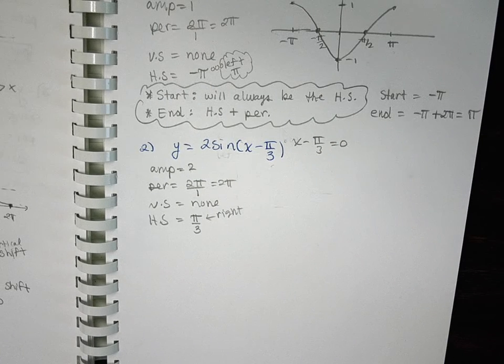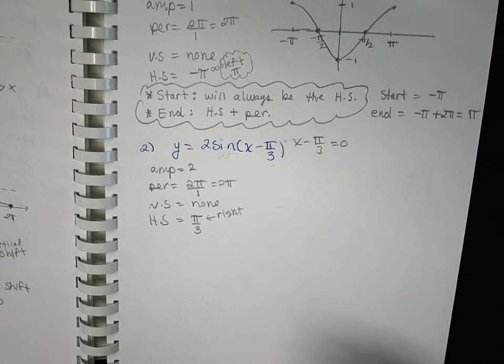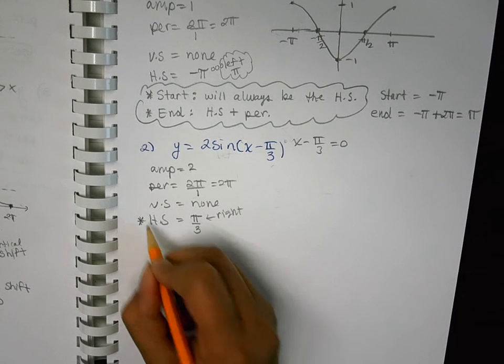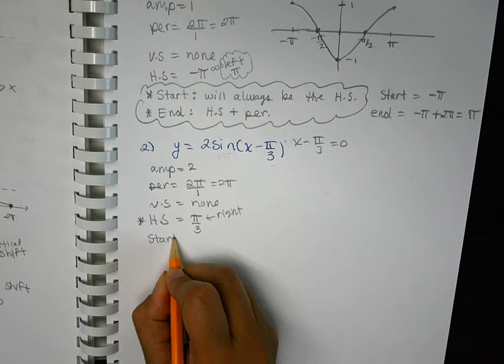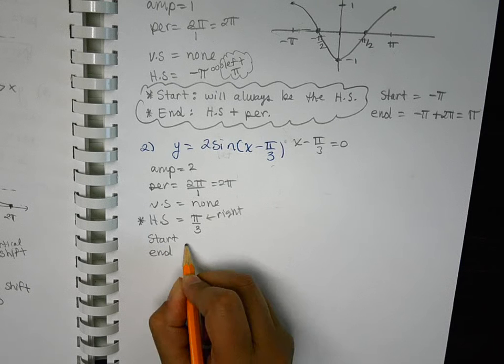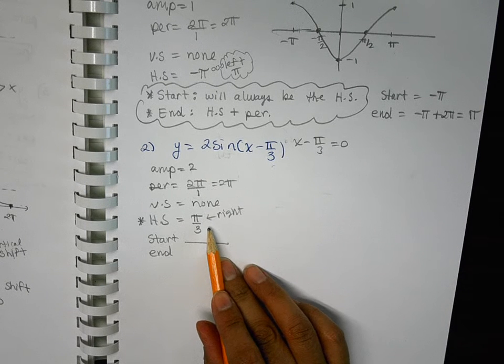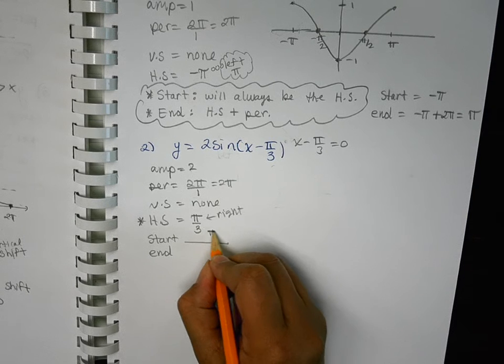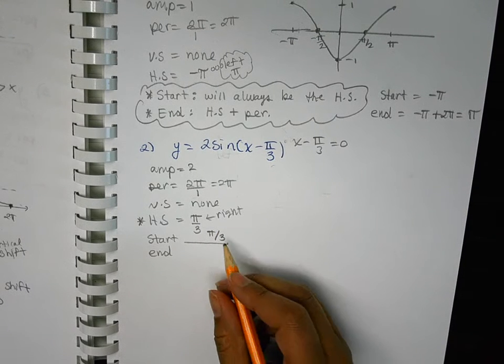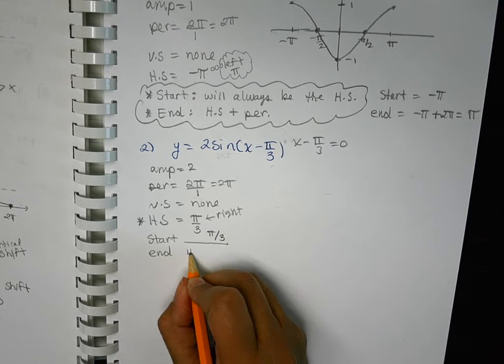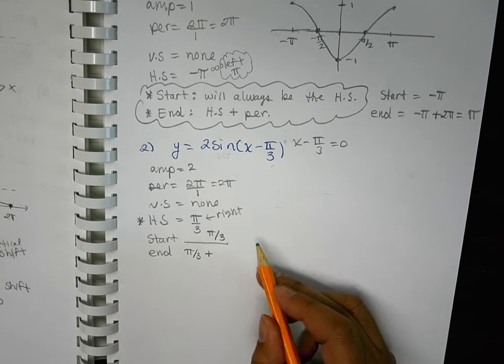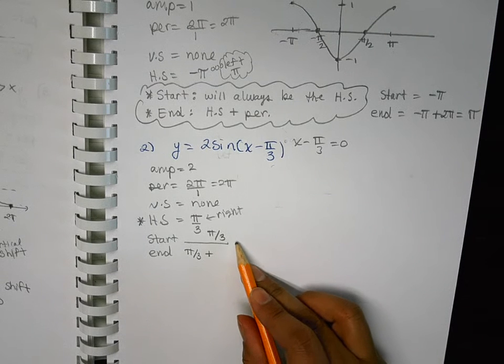All right. Now, because there is a horizontal shift, do I have to adjust my start and my end? Yes. My start is always going to be the what? The horizontal shift, pi over 3. And the end, what two things do I add? Good. Your start with your period.